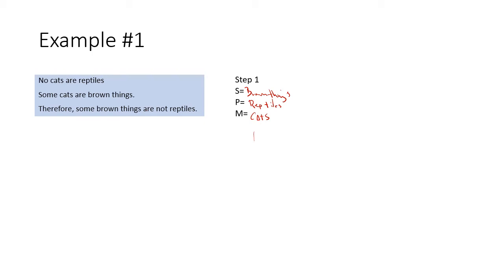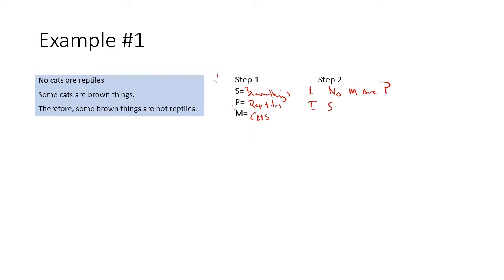So that's the first thing you do, identify the 3 terms, and then the second step is to rewrite the argument with those substitutions. So premise 1, which is an E claim, I should put that somewhere just so we're clear what type of sentence it is: no M R P. And then the second premise is an I claim, so it's a particular affirmative.